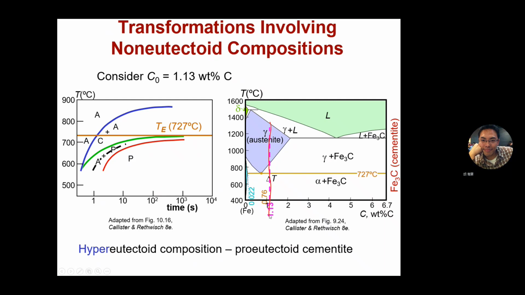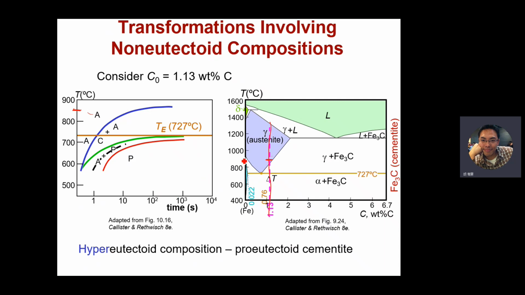Okay, so it will be like this. So you can look at, for example, we heat up to a certain temperature at A50. Okay, for example, initially A50 is right here.